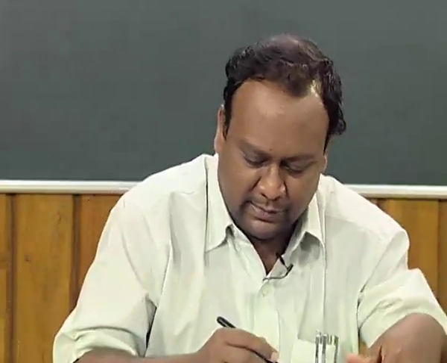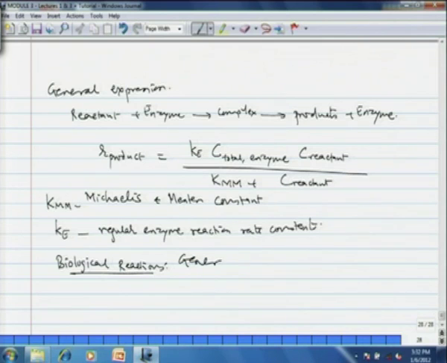Then the general rate expression for biological reaction can be given as follows. That point we note: general rate expression, feed through microorganisms goes to product.